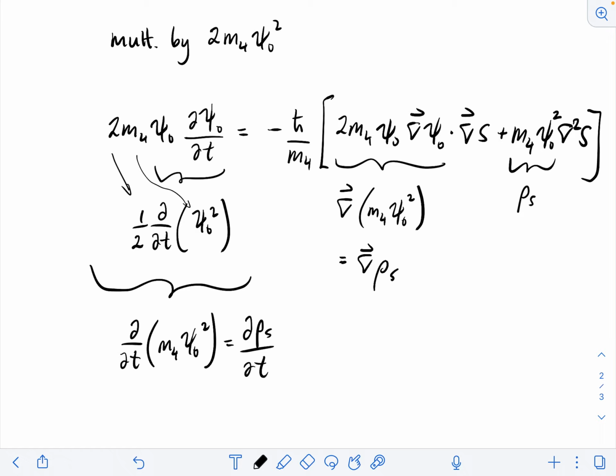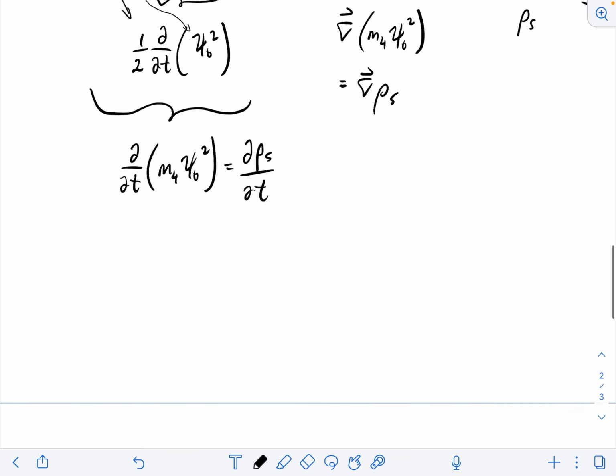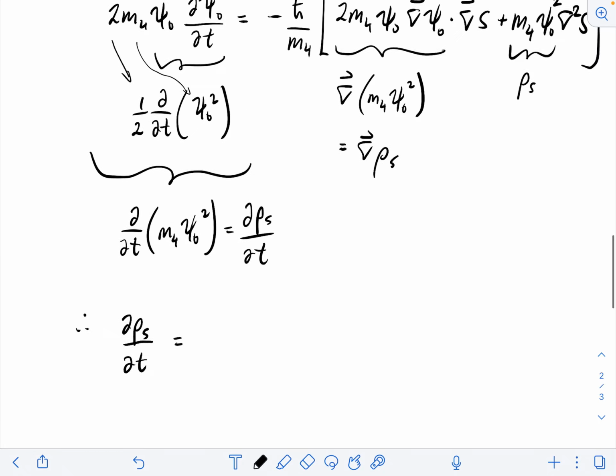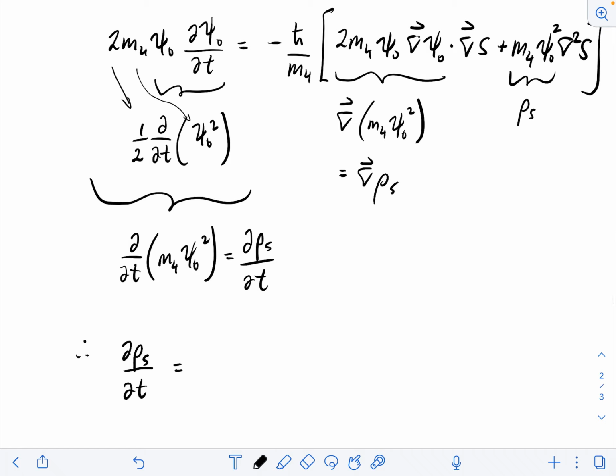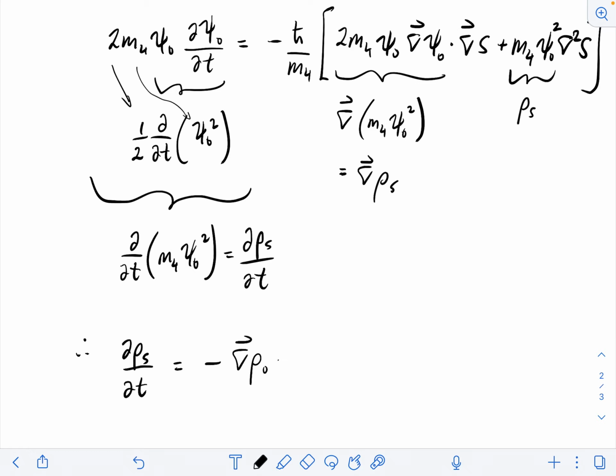So bringing all of this together, what we have is d rho s dt is equal to, let's see, minus the gradient of rho s. And then we have an h bar over m4, so we can dot that with h bar over m4 times the gradient of s.